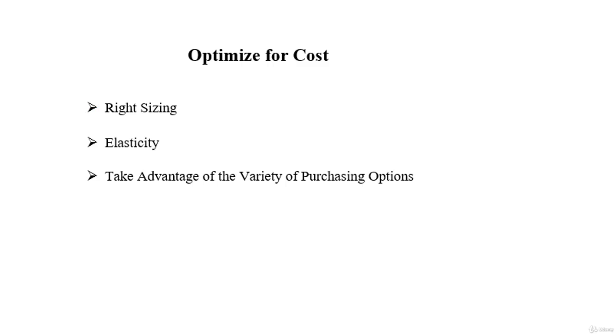AWS offers a broad range of resource types and configurations to suit a plethora of use cases. For example, services like Amazon EC2, Amazon RDS, Amazon Redshift, and Amazon Elasticsearch Service give you a lot of choice of instance types. In some cases, you should select the cheapest type that suits your workload's requirements.